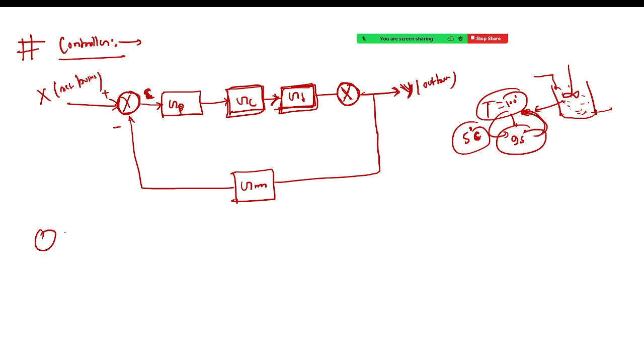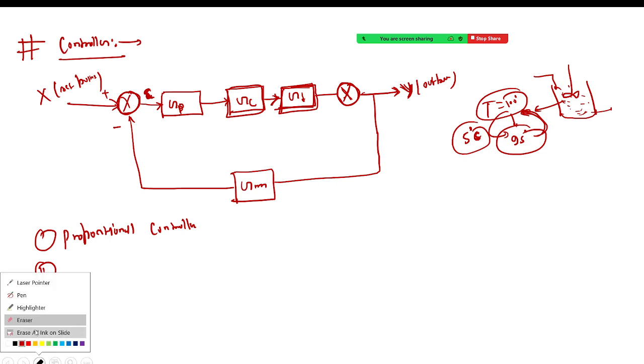First is the proportional controller. Depending upon the use, I'll tell you where we use proportional and proportional integral controllers. Second is the integral controller, or directly I can write proportional integral controller.